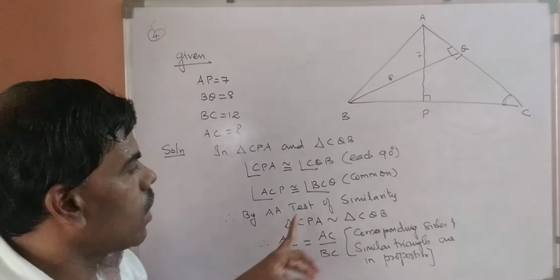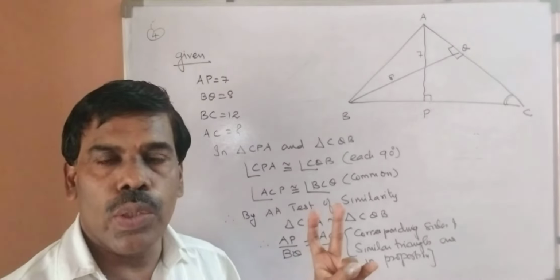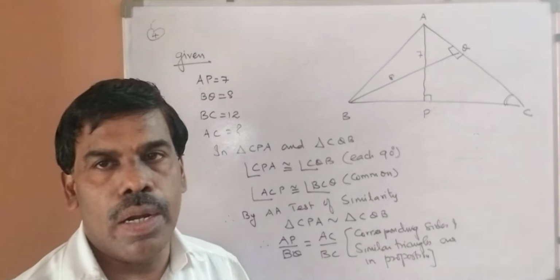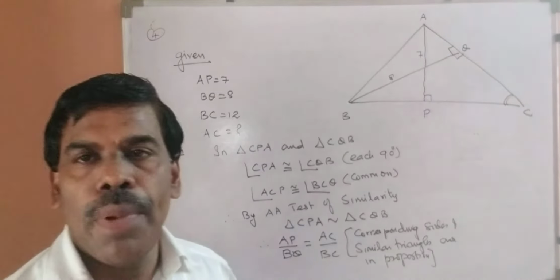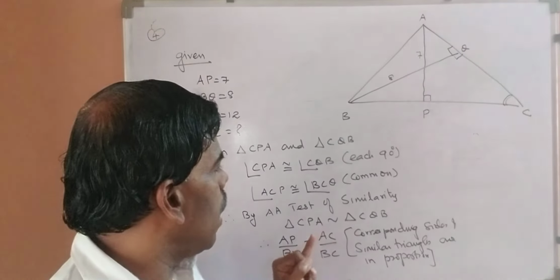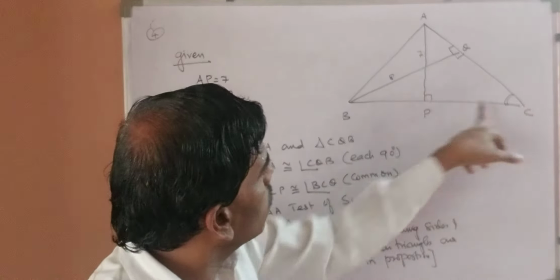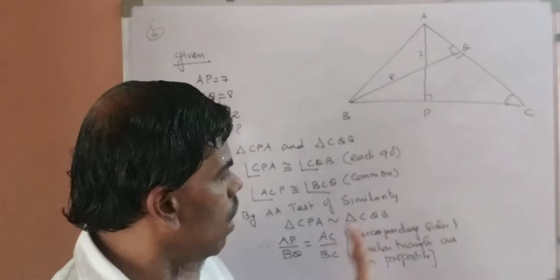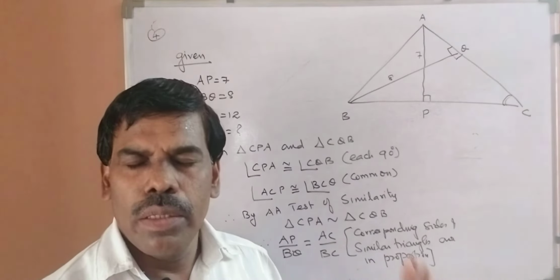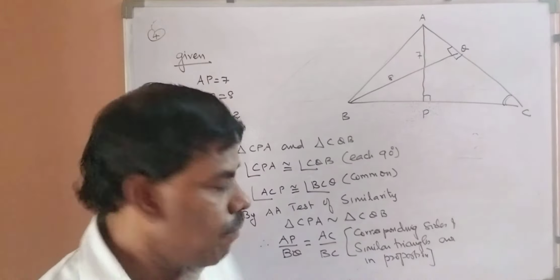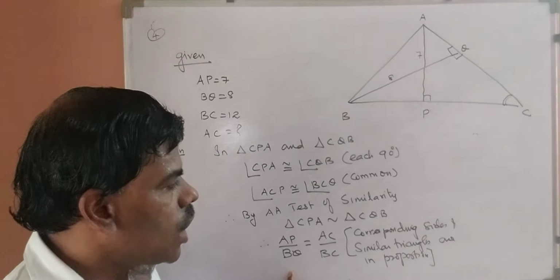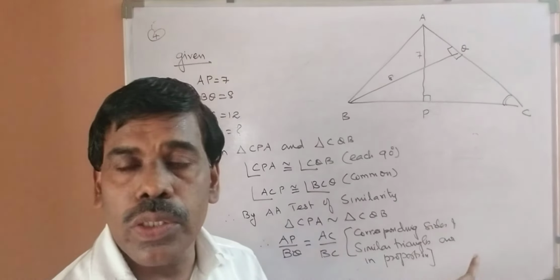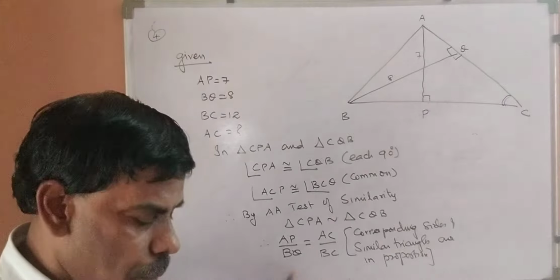So we have two angles congruent to two angles of the second triangle. Therefore, by applying AA test of similarity, triangle CPA and CQB are similar. So what we did? We applied the property that corresponding sides of similar triangles are in proportion.